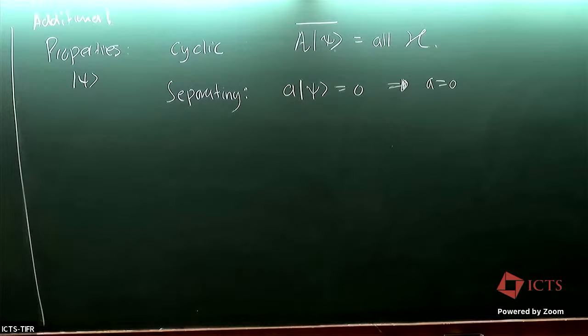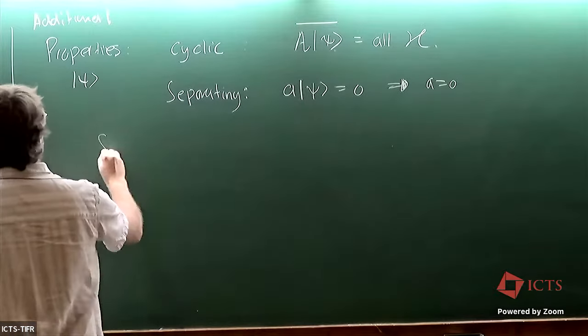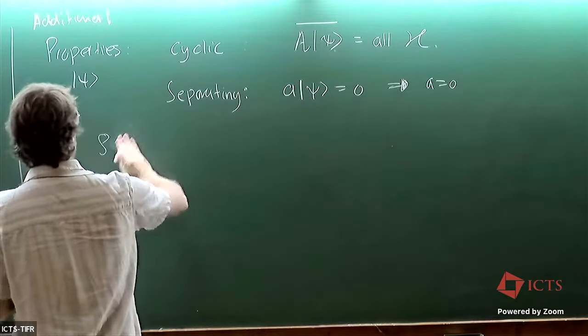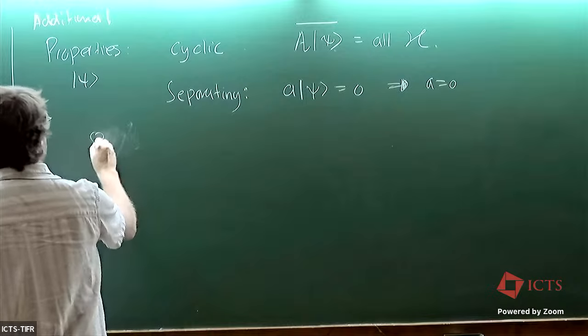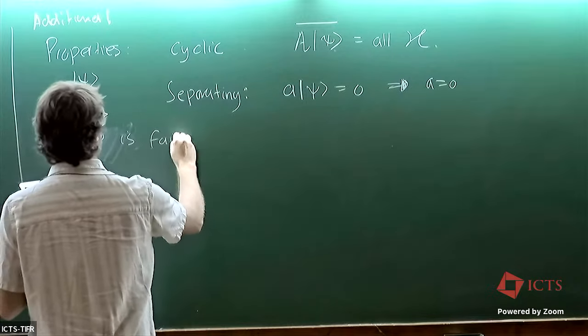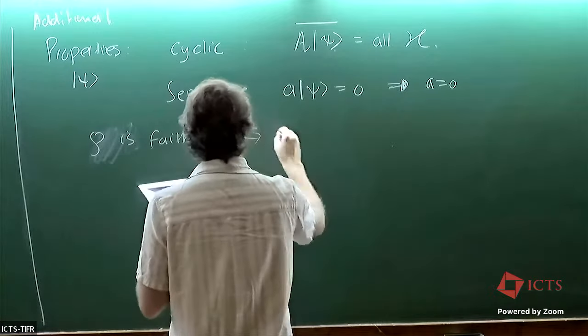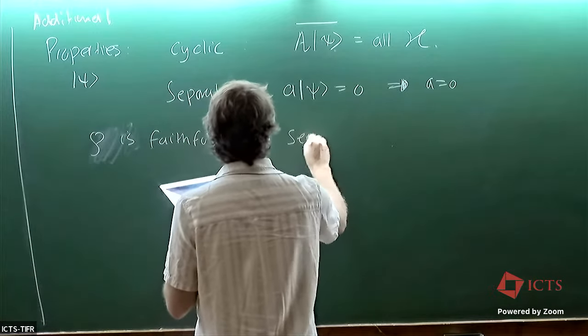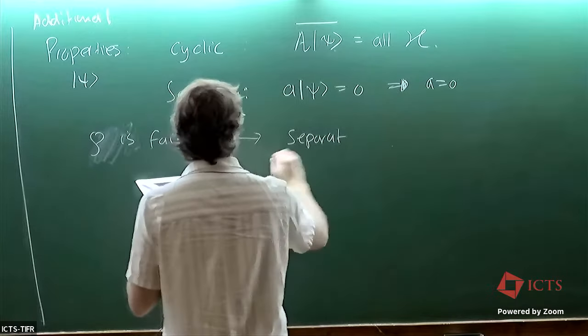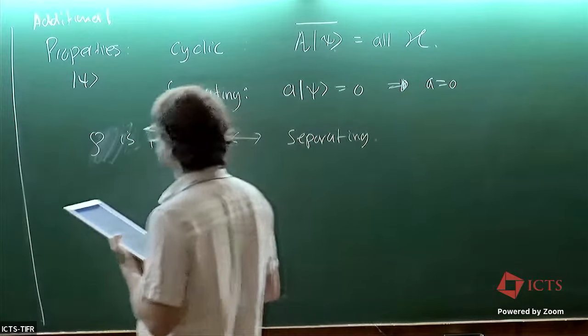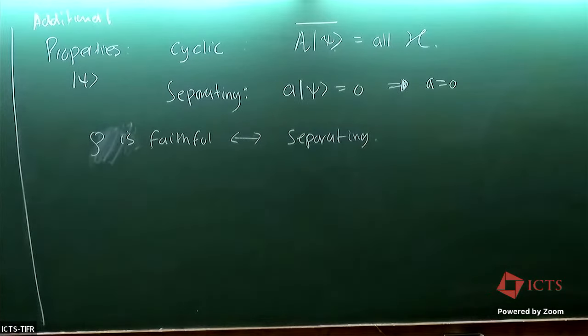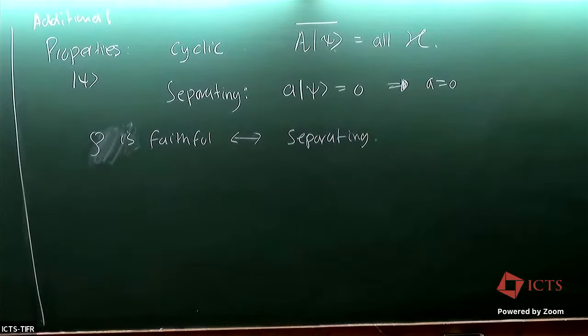One thing we did talk about is that if rho is faithful, then the purification will always be separating. And this is an if and only if statement. If you start with a state that's not faithful, remember, faithful is the statement that if I feed in a positive operator and it gives 0, then that operator had to be 0. So this is the faithful condition.